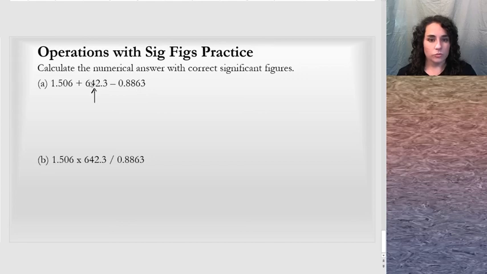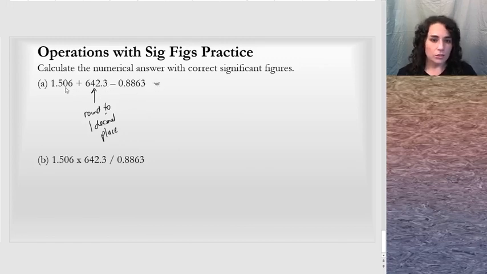The other ones have 4 and 3. This one only has 1. So when I add up, I'm going to round to 1 decimal place. That's our least precise number, and when we're adding and subtracting, we go by decimal places.